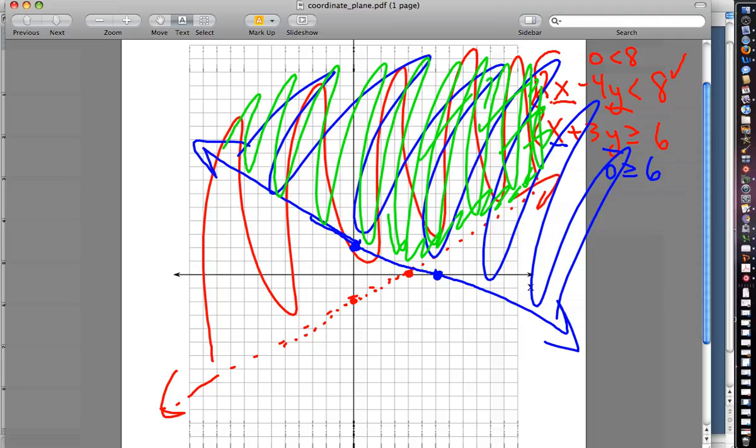What about points on the red line? Any points on the red line solutions? No, because it's dashed. They're not included. Any points on the blue line solutions? Yes, the entire blue line? No, no. Which part of the blue line would represent solutions to this system of inequalities?